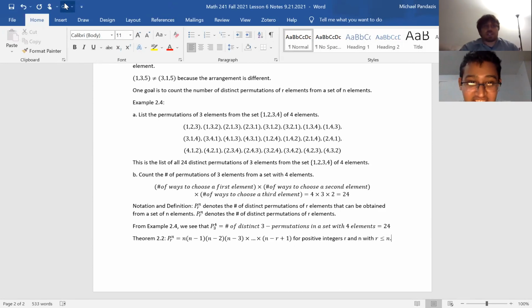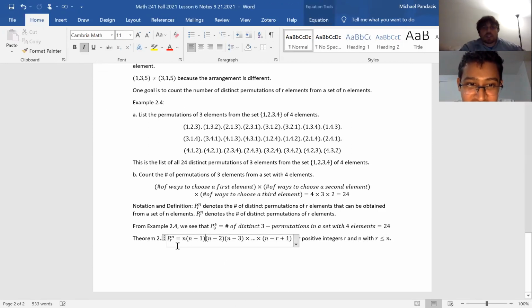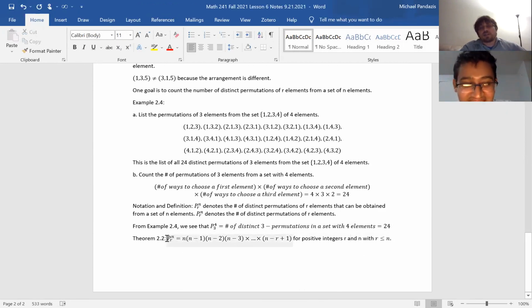There are some things that probably need to be explained, but first, this is the formula. If you're counting the number of r-permutations in a set with n elements, that number is represented by this symbol. This symbol is getting more complicated. You used to have symbols like x and y, and now we have a symbol P with a subscript r and a superscript n.